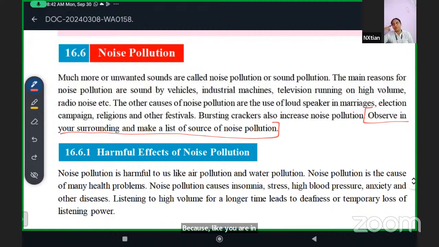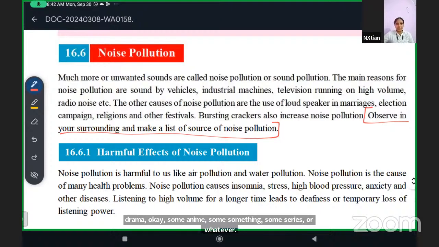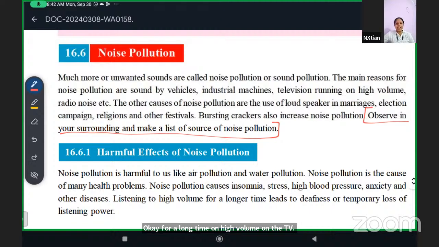Imagine if you are watching some drama, some anime, some series or whatever, for a long time on high volume on the TV. You're watching for 2 hours, 3 hours. You'll start getting a headache after continuously watching it. Why? Because it's the sound, the high volume, and then it's the eyes also.